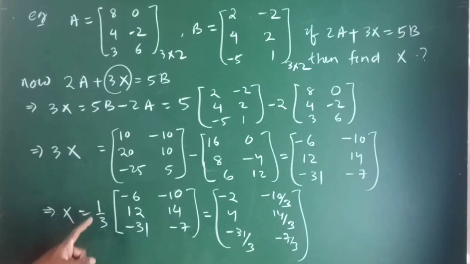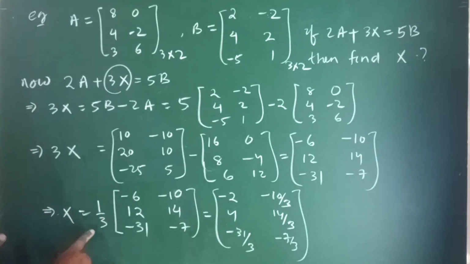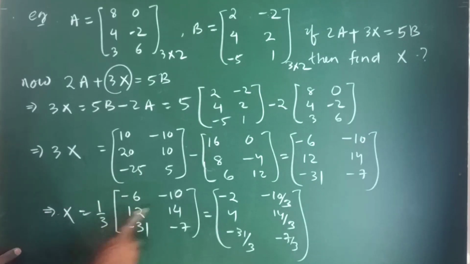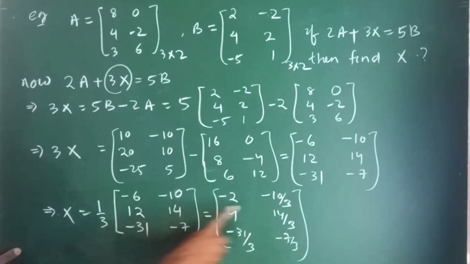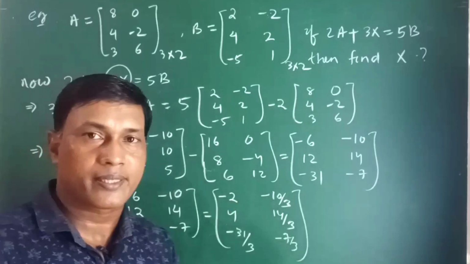That means 1 by 3 into minus 6 means हमको 3 डिवाइड करना है, means 3 को हर एलिमेंट के साथ डिवाइड करना है. So you have to divide by 3 every element. Minus 6 by 3, minus 2, minus 10 by 3, 12 by 3 is 4, 14 by 3, minus 31 by 3, minus 7 by 3. So this is the value of matrix X.